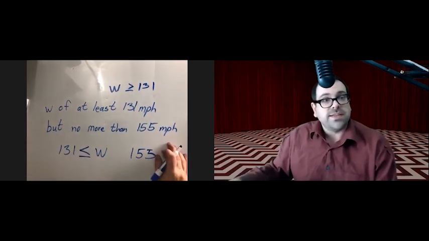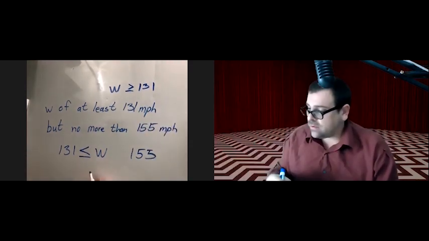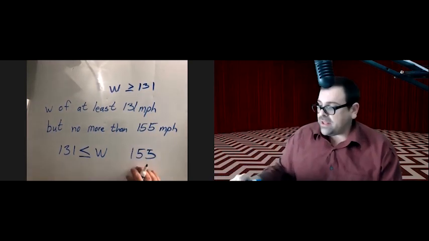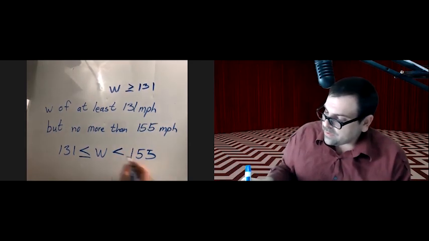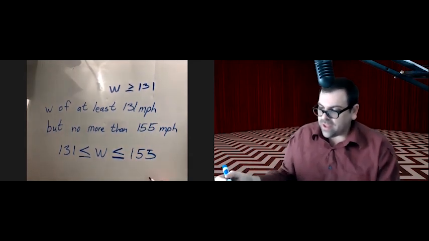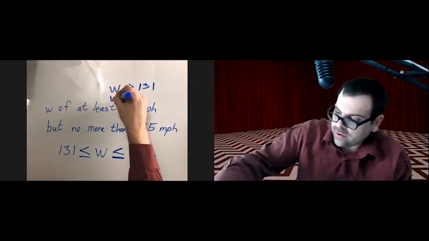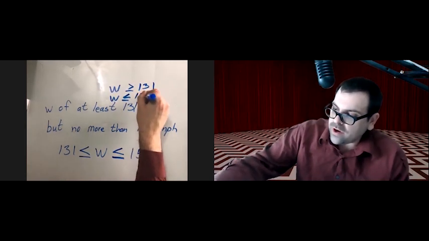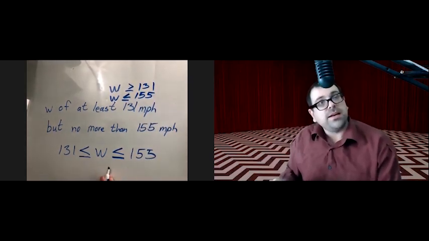So 156 would get you yelled at. I'd throw papers. 155 would be okay. That would be the highest we could go. And anything smaller than. Since it would have to be both greater than 131 and less than 155, we can write it in between.